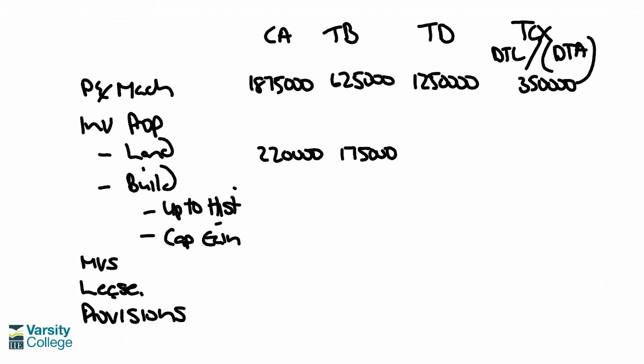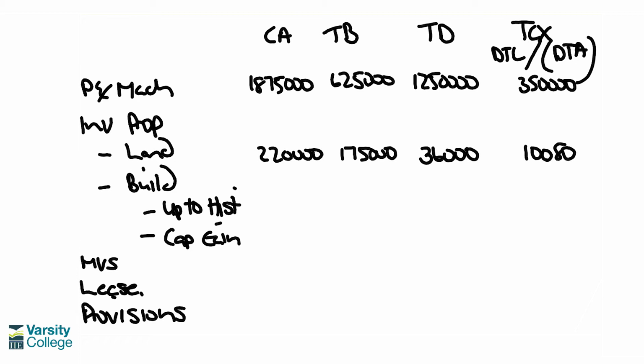So even though the difference there, you can see 220 minus 175 is 45K, 45K is not the temporary difference. Only 80% of the 45 is the temporary difference, which comes to 36,000, because the other 20% we exempted in our current tax calculation. So 36,000 is the difference, multiplied by 28% gives us 1080.